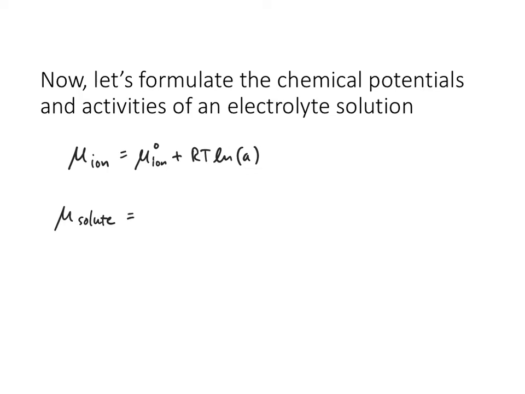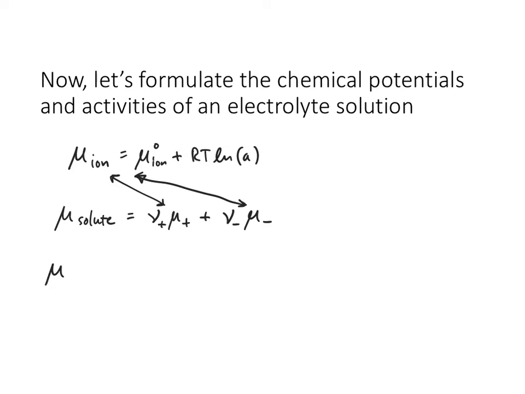And this is going to equal the stoichiometric coefficient of the positive ion times the chemical potential of the positive ion, which, by the way, is just synonymous with that quantity that we have right there, plus the stoichiometric coefficient times the chemical potential of the negative ion. And that is also described by that formula right there.